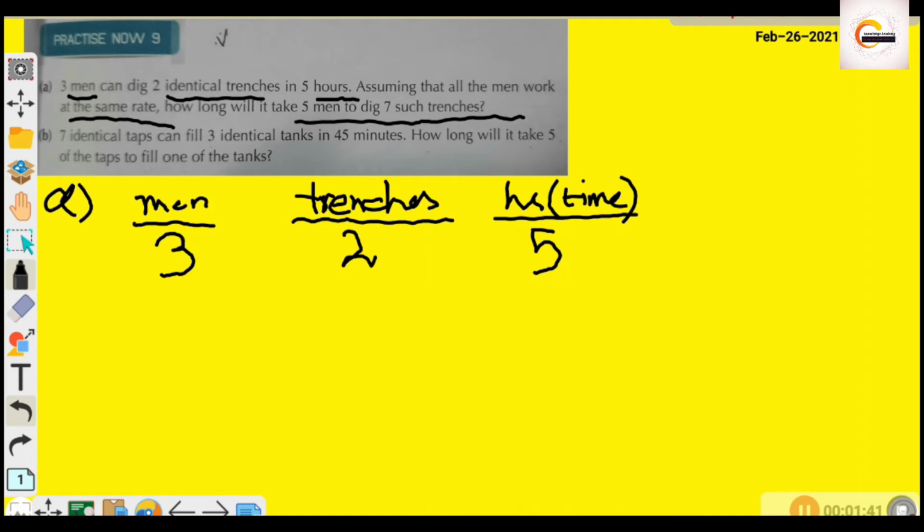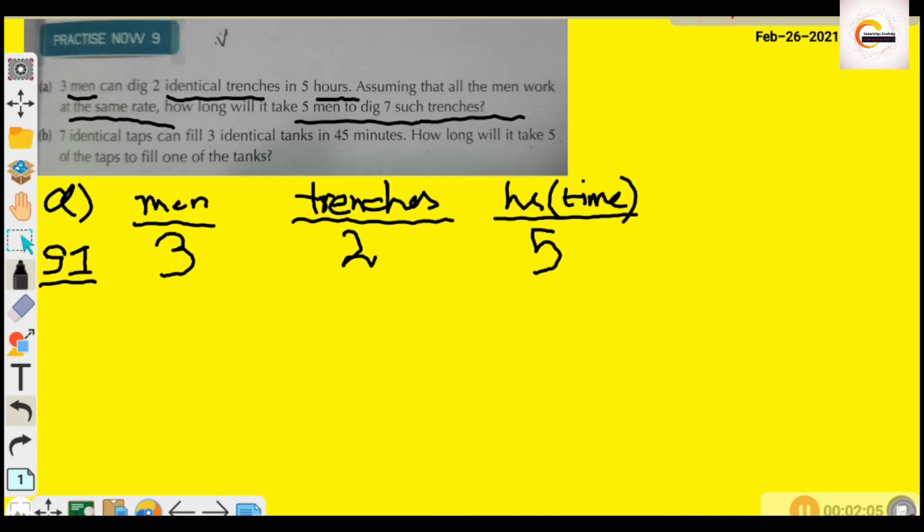So this is step 1. Let's see which variable I am going to keep constant. Let's read the question again: how long will it take 5 men to dig 7 such trenches?